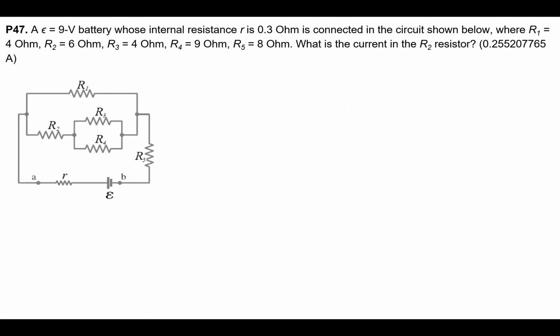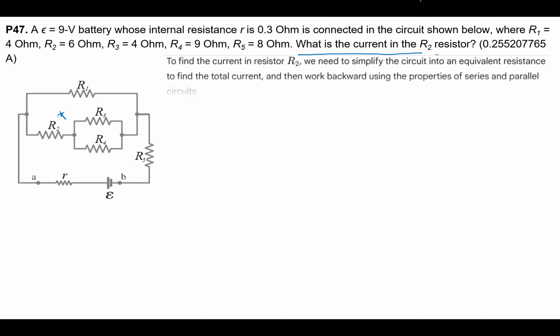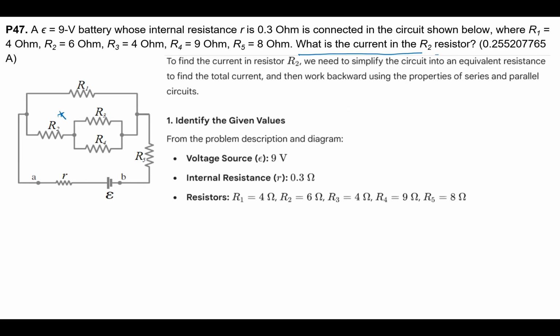Okay, now let's look at the other problem. What is the current in the R2 resistor? Okay. So here in this case, we have an internal resistance as well, small r, and then we have to consider all of them together.